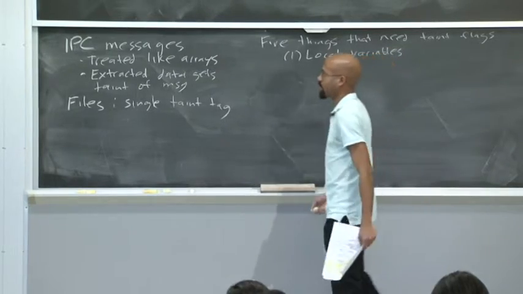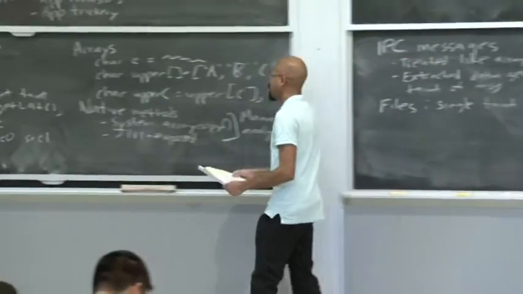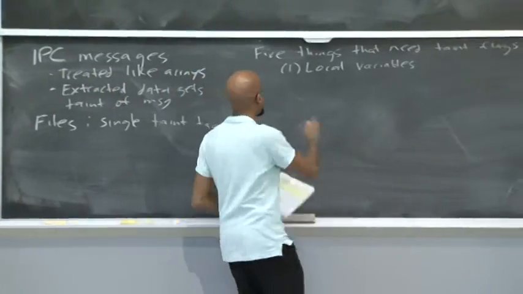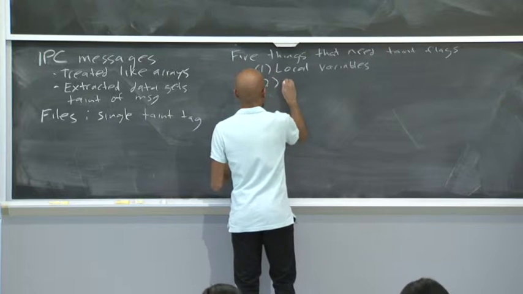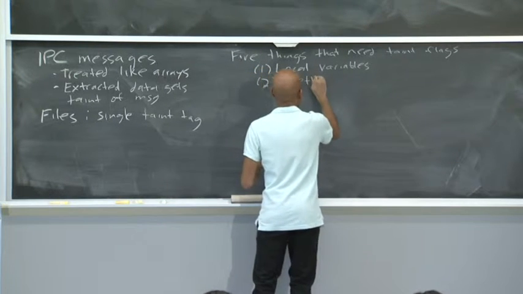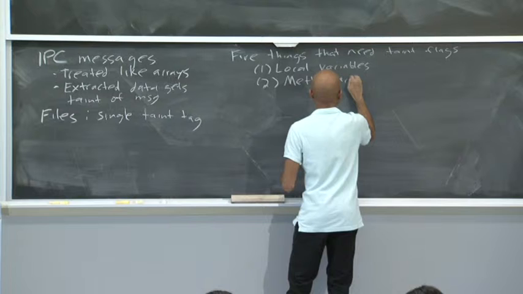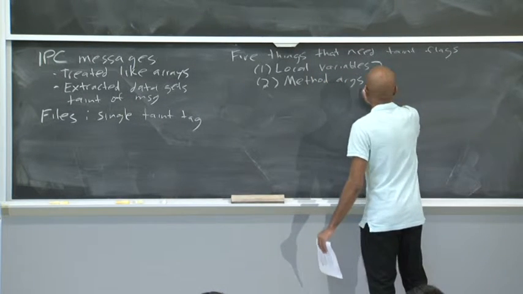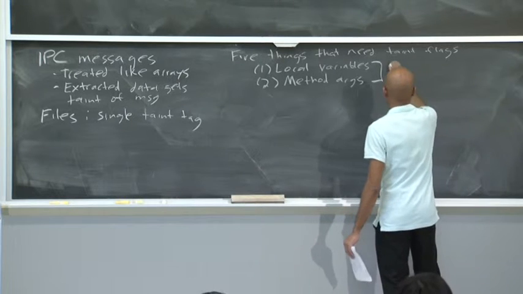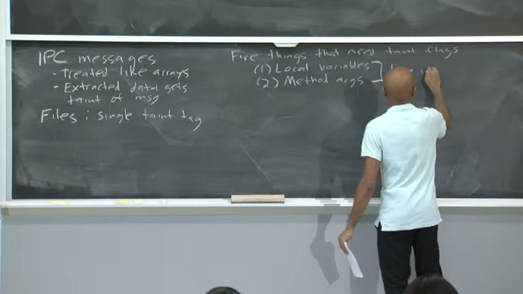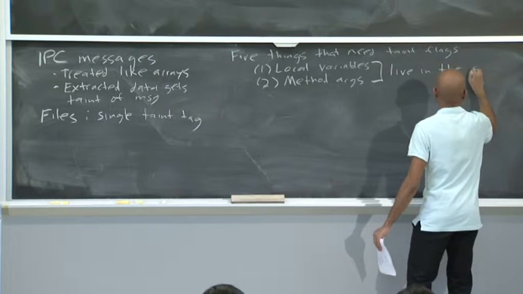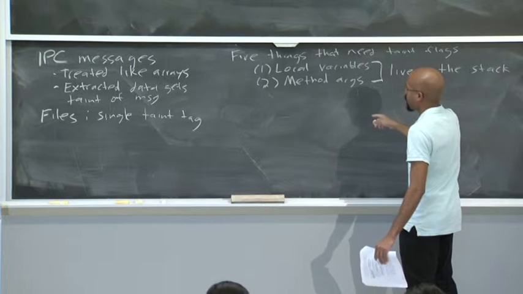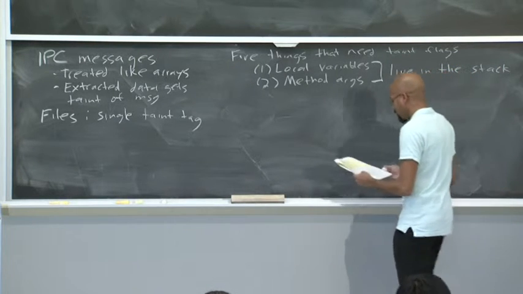You can imagine, like back over here, this is a local variable, char c, for example. So we have to assign taint flags to those things. You can also imagine that method arguments need to have taint flags. Both of these live on the stack. So TaintDroid has to keep track of assigning flags for those types of things.